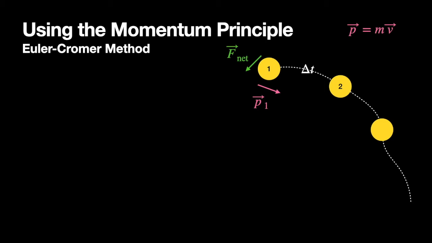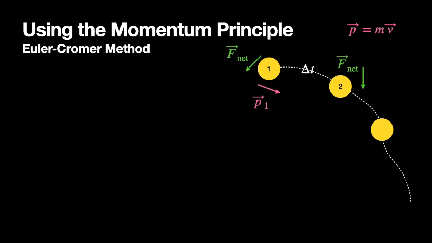Since this is a situation where the force can change going from 1 to 2, it could be quite difficult. However, if my time interval is short enough, then I can assume that the net force is constant and make the problem easier, going from just position 1 to 2. And then I'd have to do going from position 2 to 3, and 3 to 4, and so forth. So instead of one hard problem, I have a whole bunch of simpler problems.